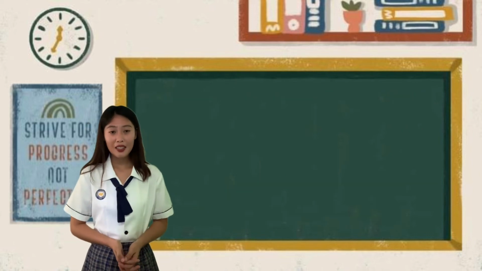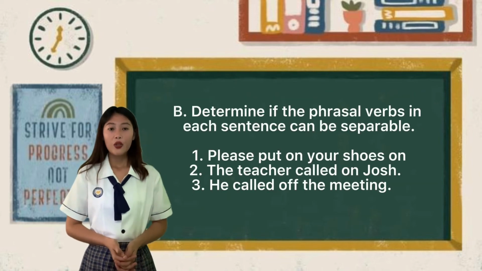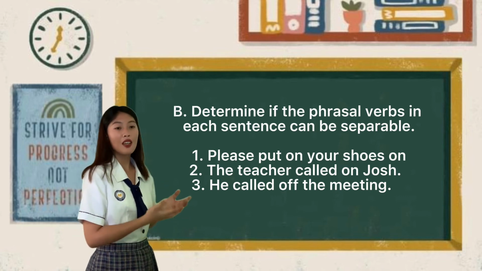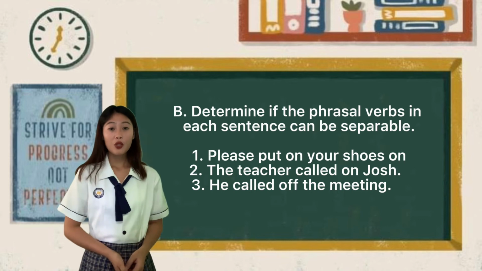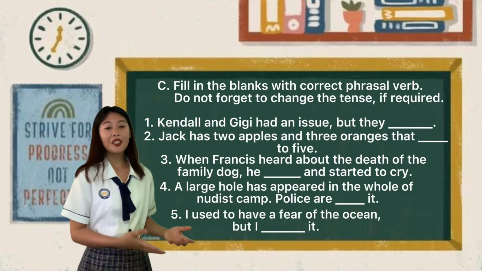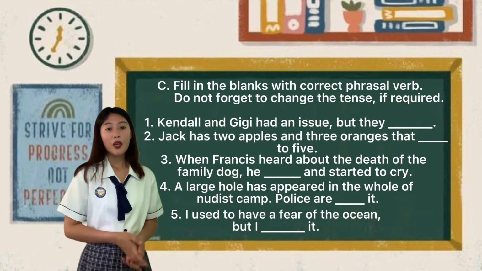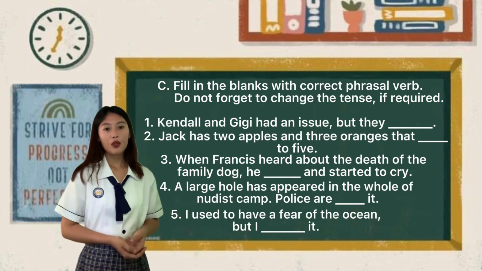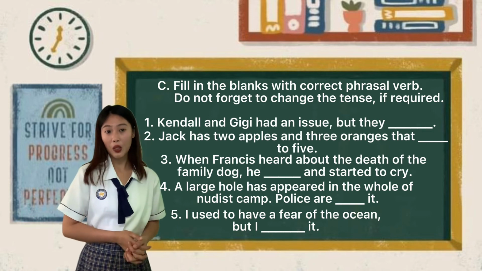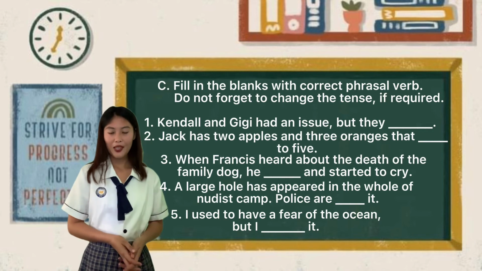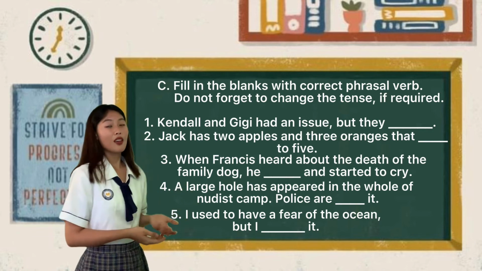The next activity is you're going to determine if the phrasal verb in each sentence can be separable. So here are the example sentences. And for the final category, you have to fill in the blanks with the correct phrasal verbs. Don't forget to change the tense if required. Then try to alter the sentences you form. So here are the sentences.